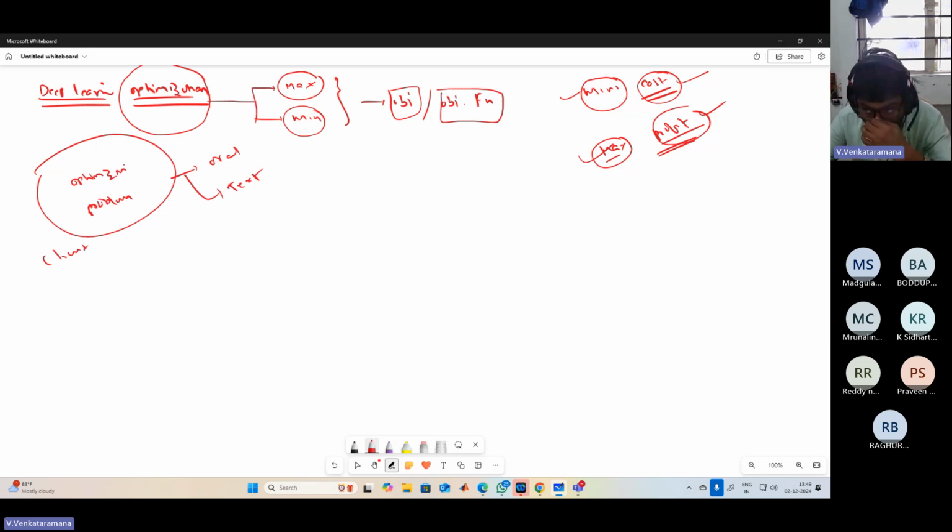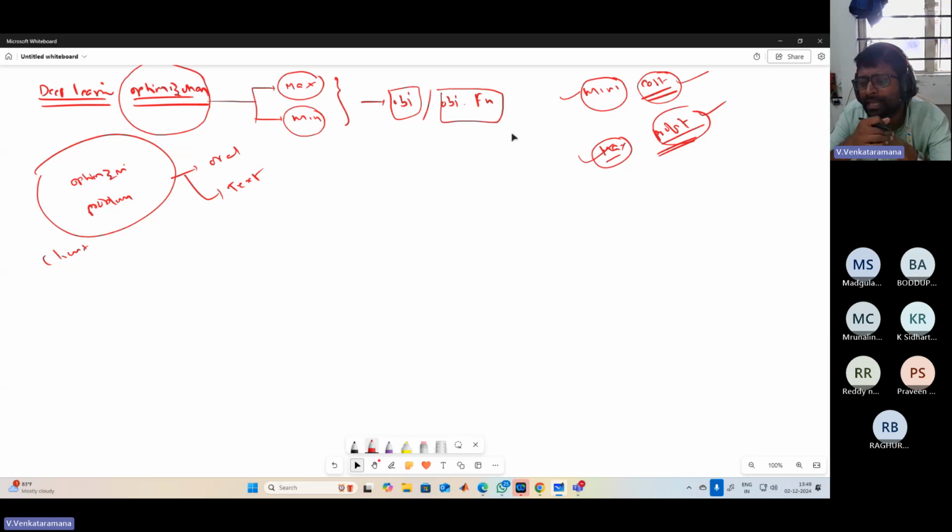But if you want to solve that problem, you have to convert that optimization problem into a mathematical model. You have to build the mathematical model for it.